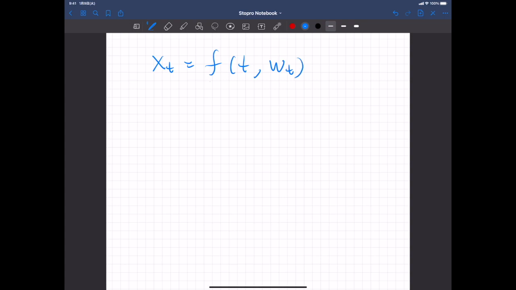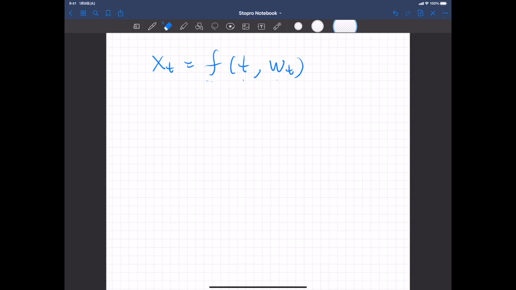Xt is a function of both time and a Wiener process, where this f is a nonlinear function. If this is the case, then what would be the corresponding stochastic differential equation?